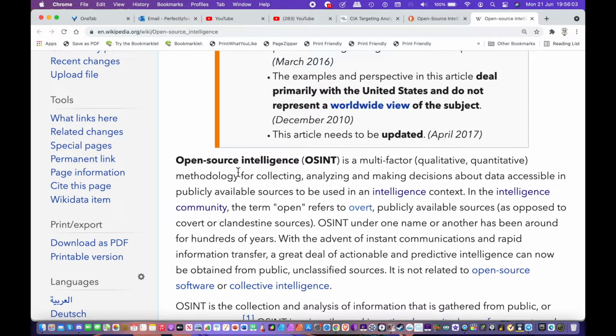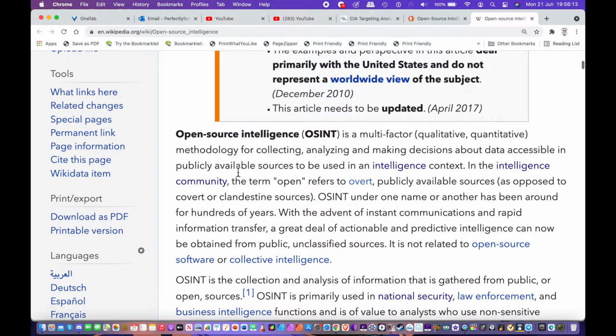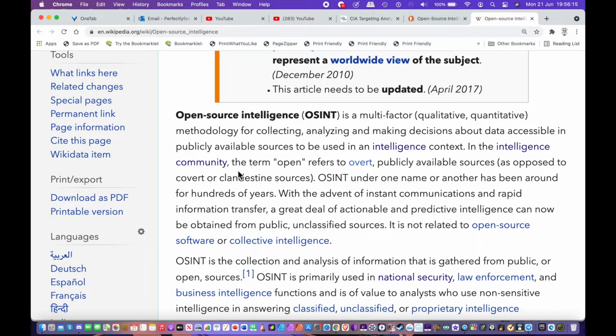Open source intelligence, OSINT, is a multi-factor quantitative methodology for collecting, analyzing, and making decisions about data accessible in publicly available sources to be used in an intelligence context.